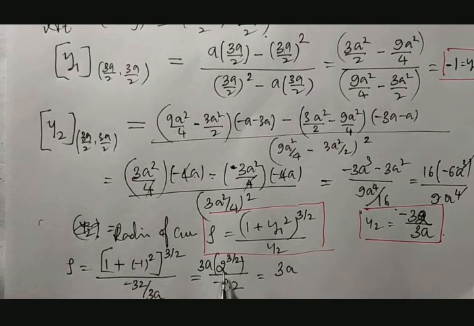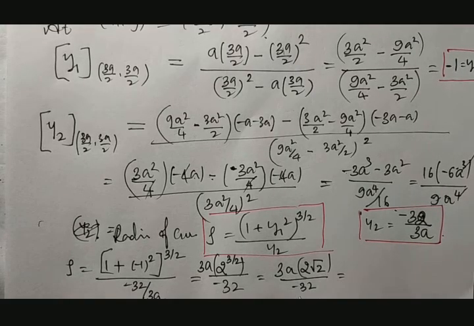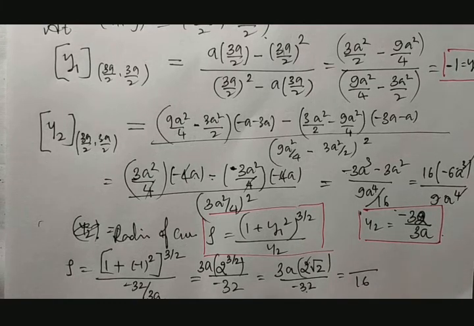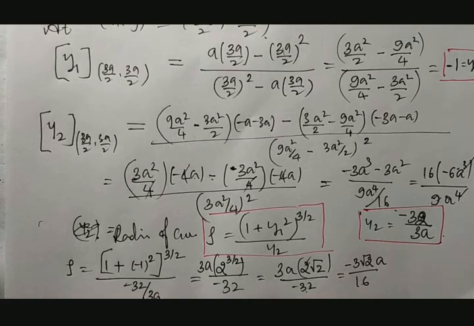This 2 raised to 3 by 2 is nothing but 2 root 2. That is 2 root 2 divided by minus 32, which is equal to 1s 16s. Fine, this gets cancelled. Then it becomes minus 3 root 2 into a.